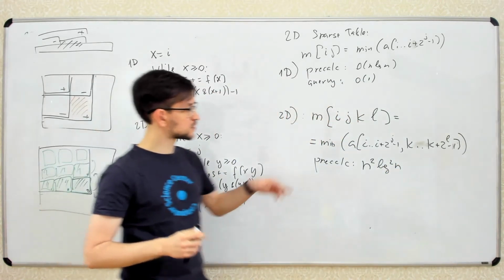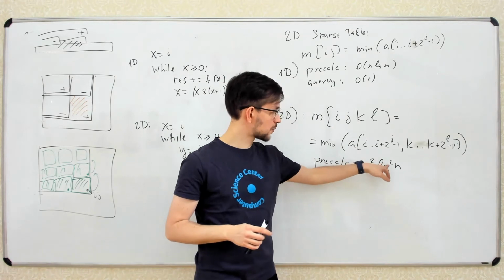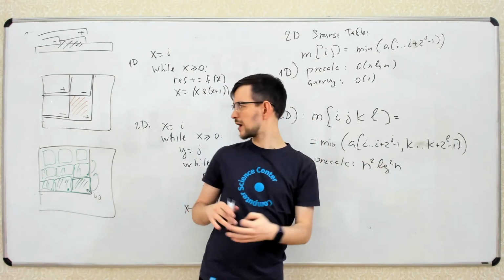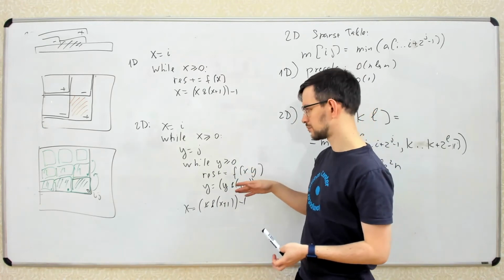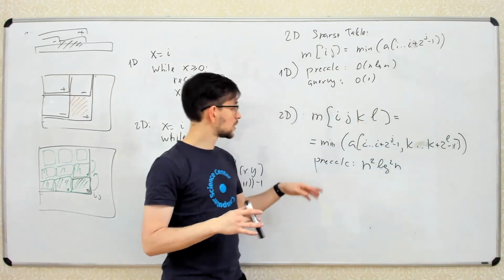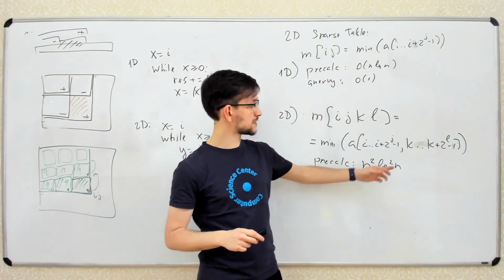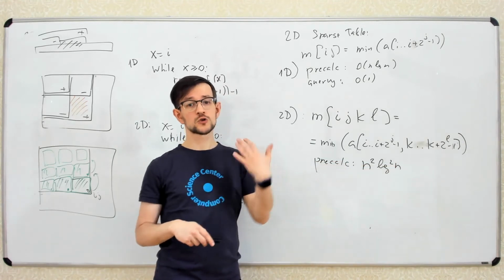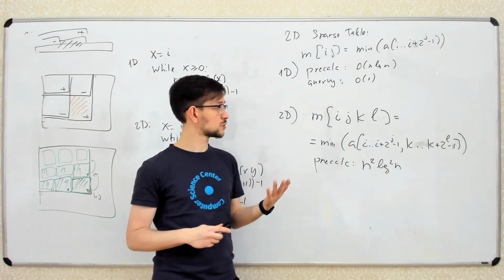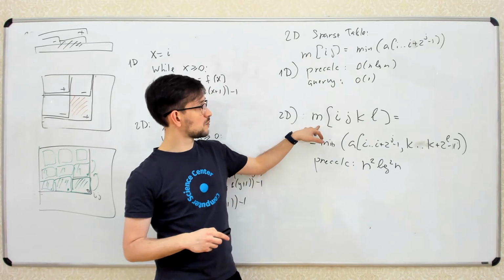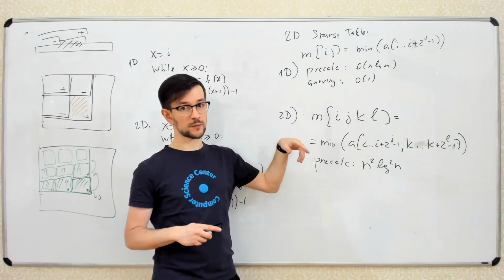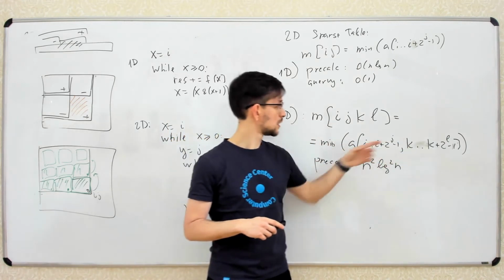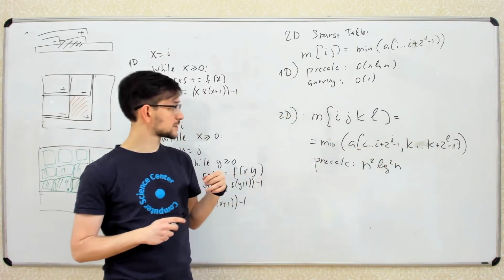So I have this log square factor in the precalculation time, and also the memory complexity will be increased. The amount of memory I need for this data structure is again n square log square, because I need all these different rectangles.